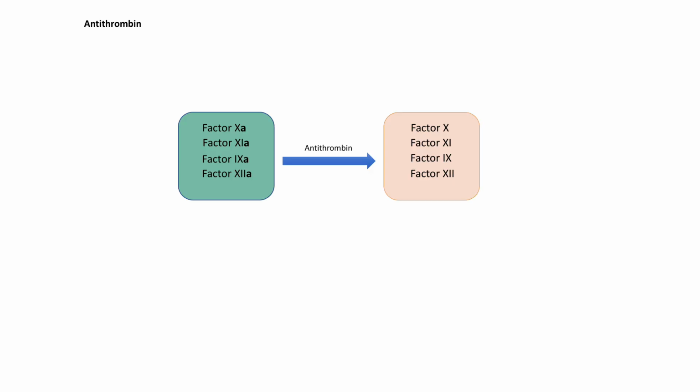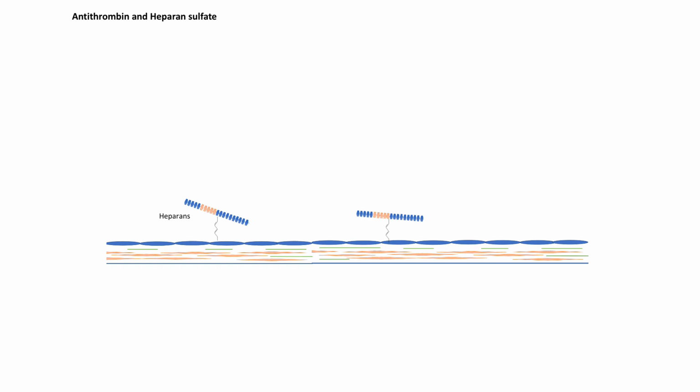Antithrombin can also inactivate other clotting factors like factor 9, factor 11 and factor 12. So antithrombin can inactivate most clotting factors, especially of the common pathway and intrinsic pathway. The rate at which antithrombin inactivates thrombin and factor 10 is significantly increased after antithrombin binds to heparan sulfate. Heparan sulfates are bound to the surface of endothelium.